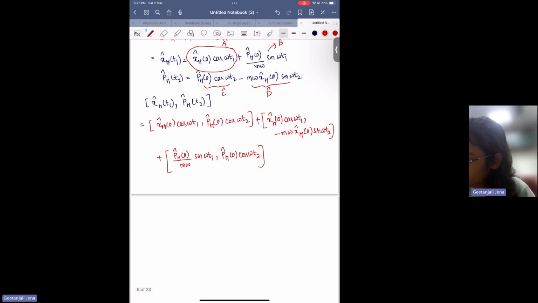The last term is plus p_S0 sin omega T1 with x_S0 sin omega T2. Now let's see which terms cancel with each other.